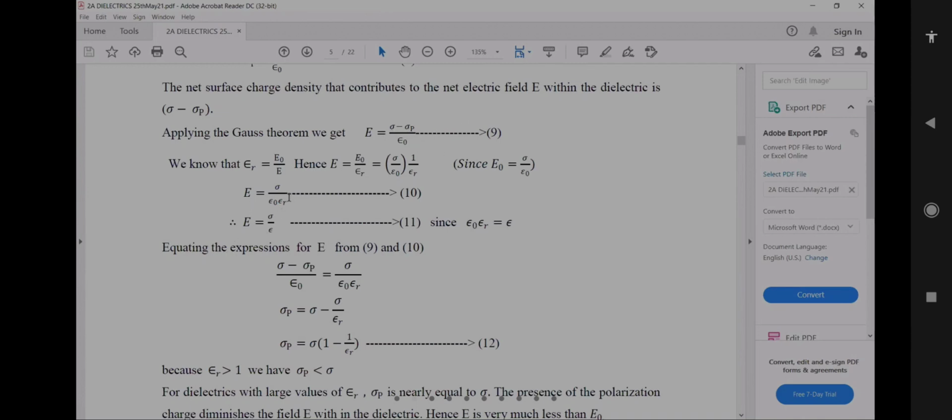Epsilon naught cancels, so sigma_p is equal to sigma minus sigma by epsilon_r.